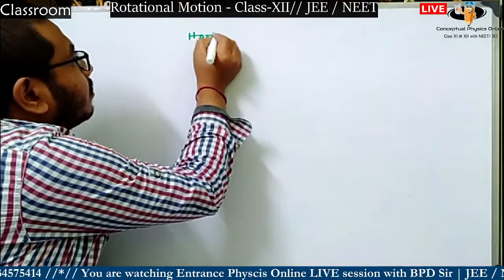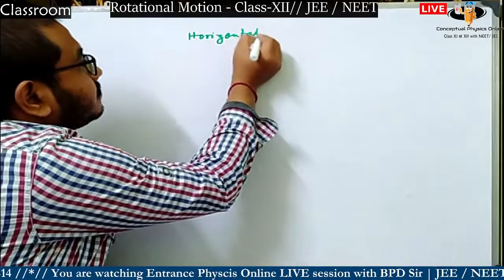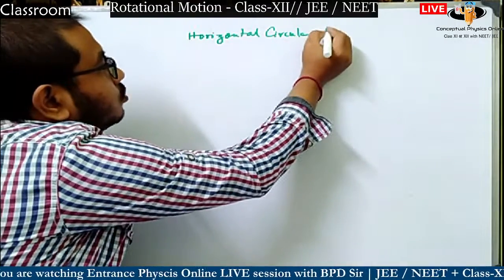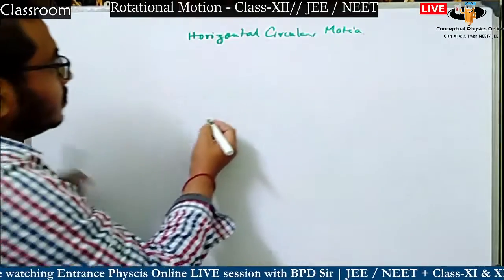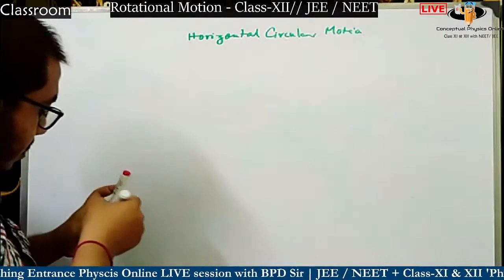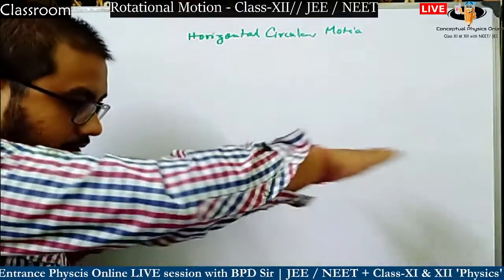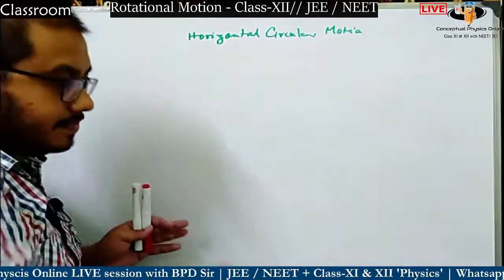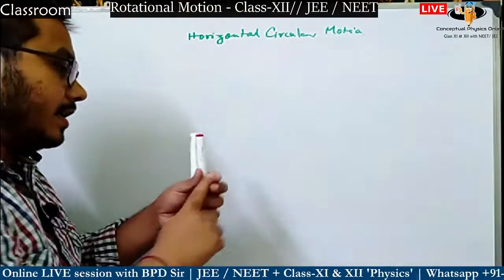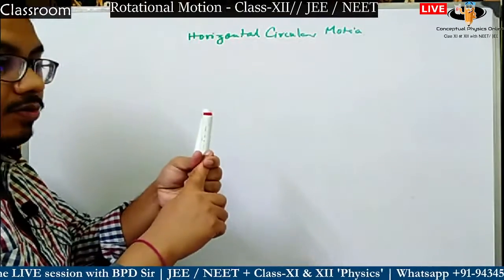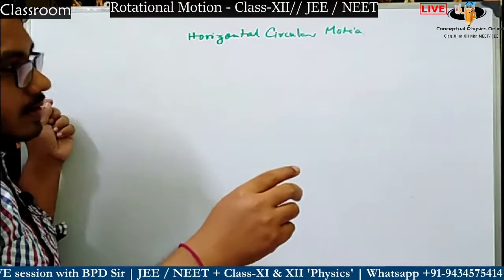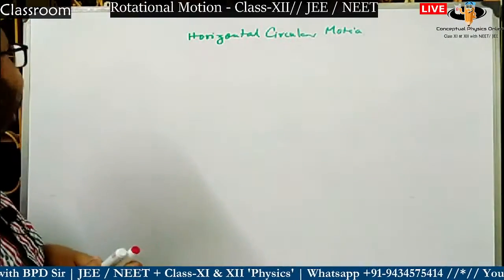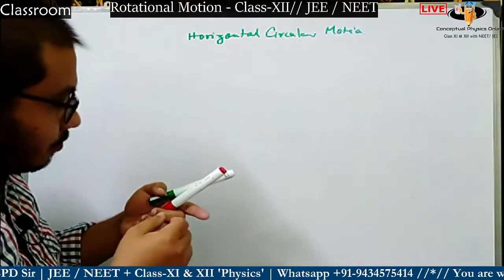In case of horizontal circular motion, horizontal means it is moving along this plane, not like this. Suppose you tie a thread around a finger, take an object, and rotate it like this. That is going to be the horizontal circular motion.